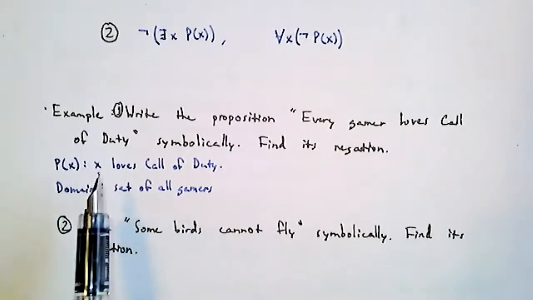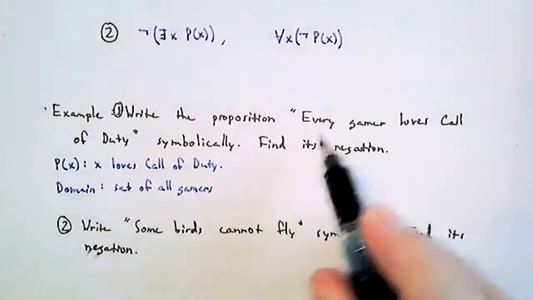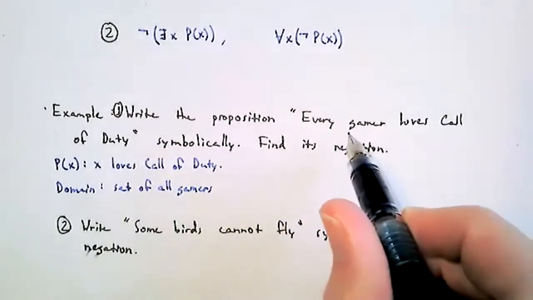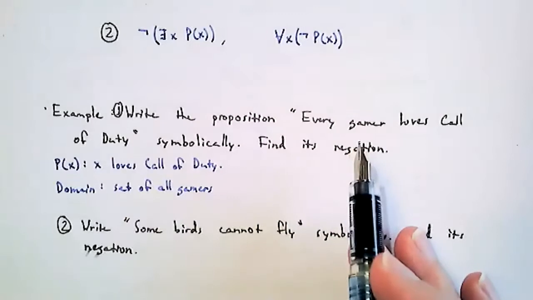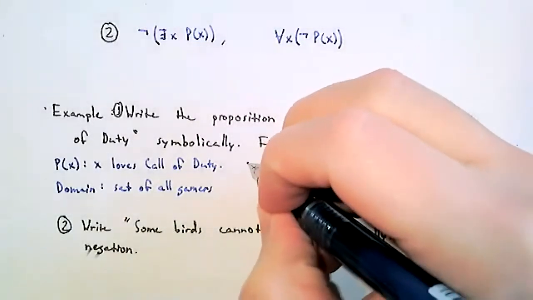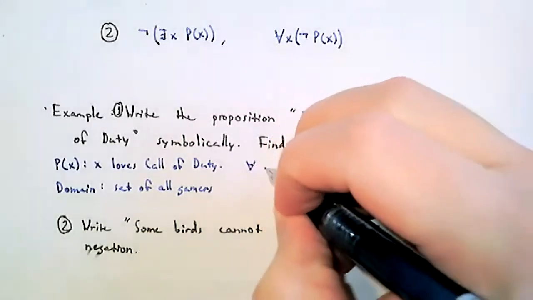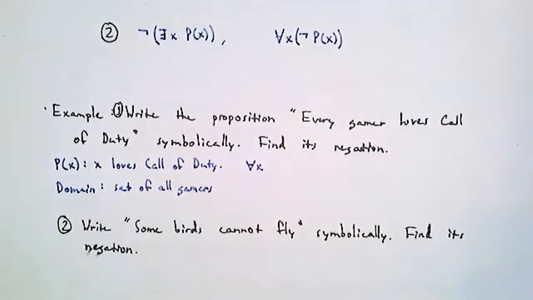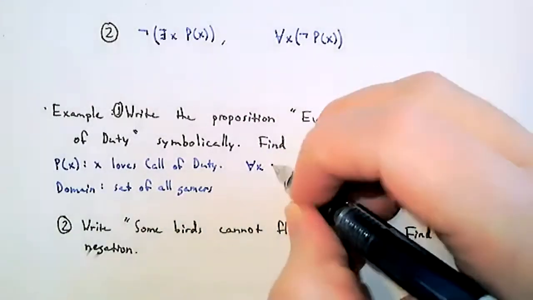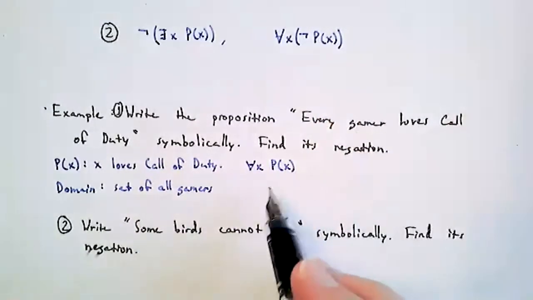So if X means that and our domain is the set of all gamers, that means we can rewrite this statement that says something about every gamer as a universally quantified statement. So, backwards A, upside down A, and then X from the set of gamers, and then P of X for X loves Call of Duty.